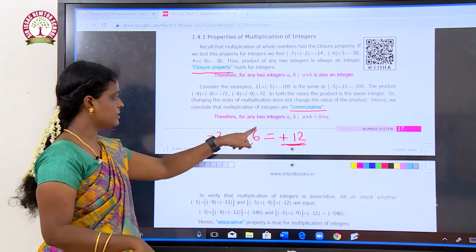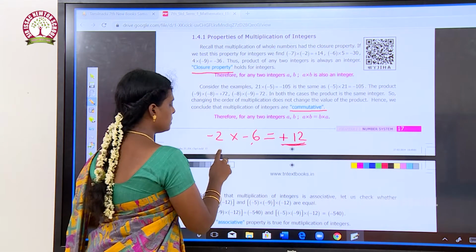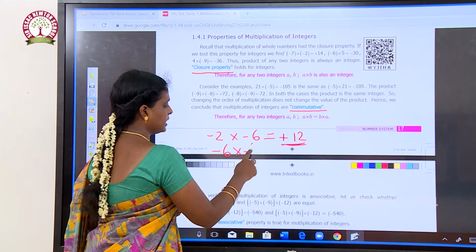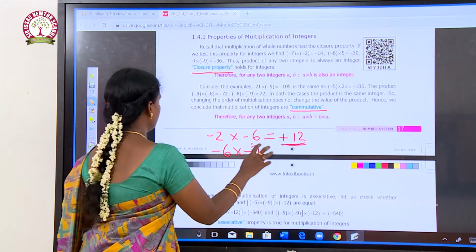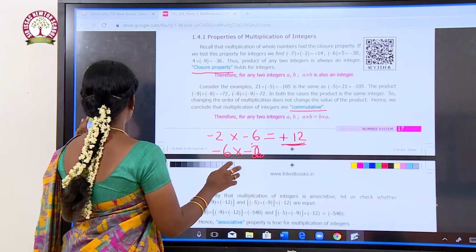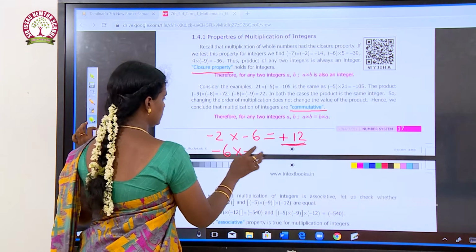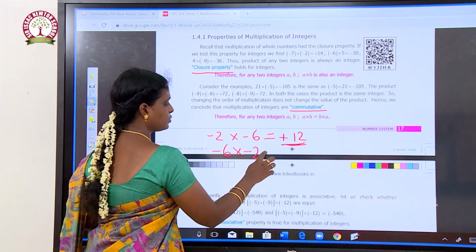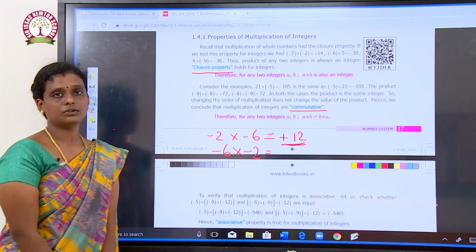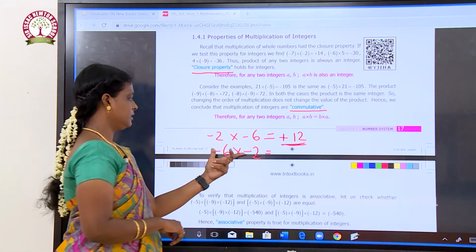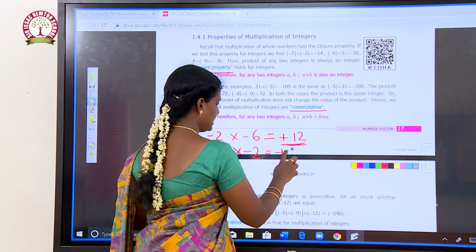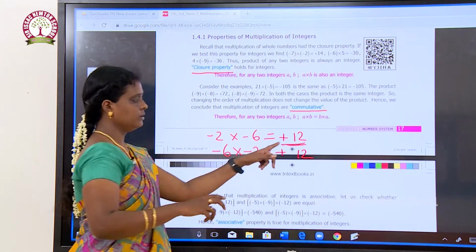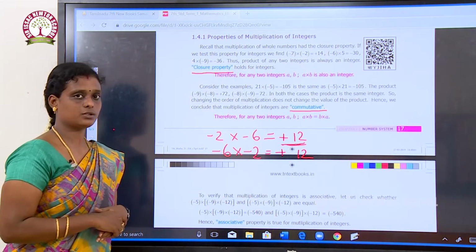I am going to write minus 6 into minus 2. What is minus 6 into minus 2? Minus into minus will become plus, and 6 into 2 is 12. So the answer is plus 12.